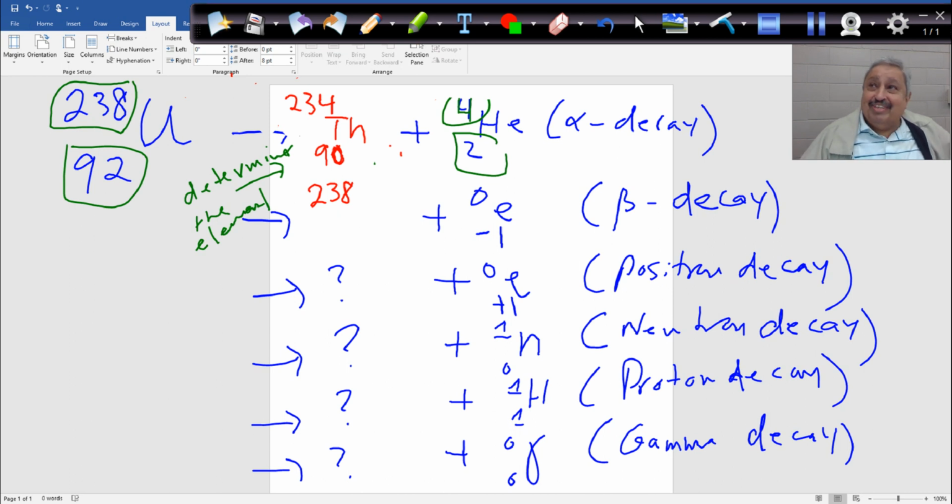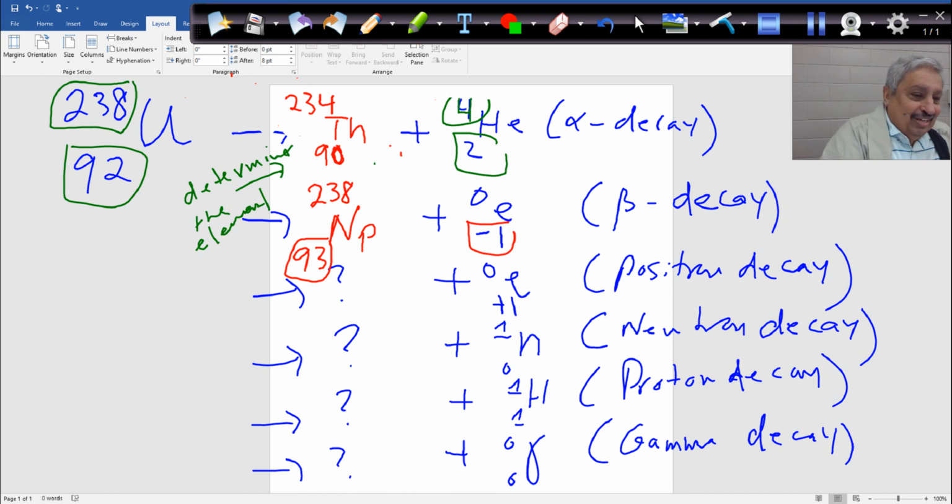Perfect. So 93. What will it be? Neptunium, Np. And this is 93 because if you add this with this, it equals 92. Correct? That's easy.